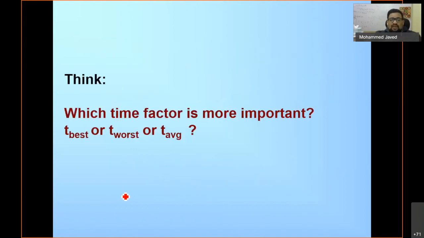So now we have discussed in this lecture the best case, the worst case, and some ideas related to the average case. Now the question to you is: which time factor is more important when you design an algorithm, the best case, worst case, or average case?